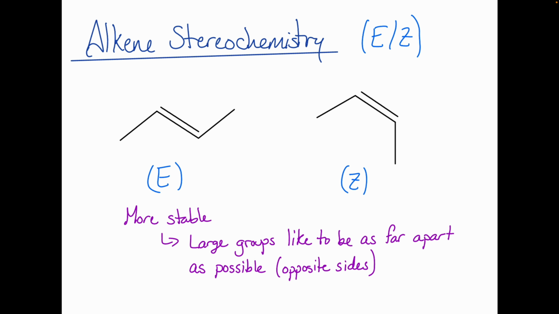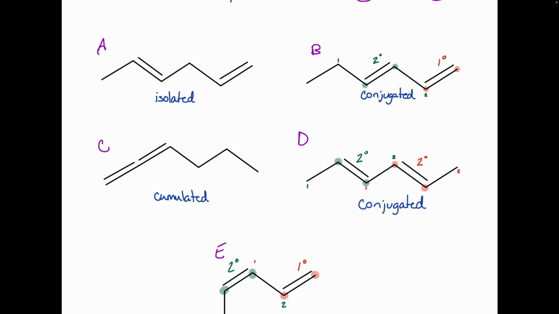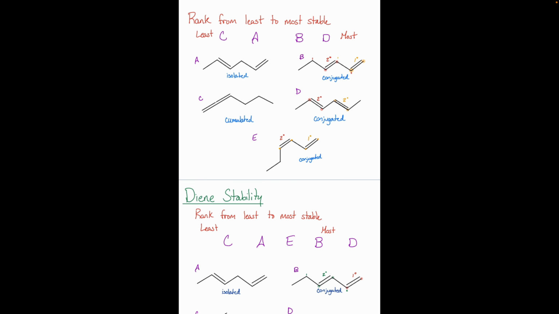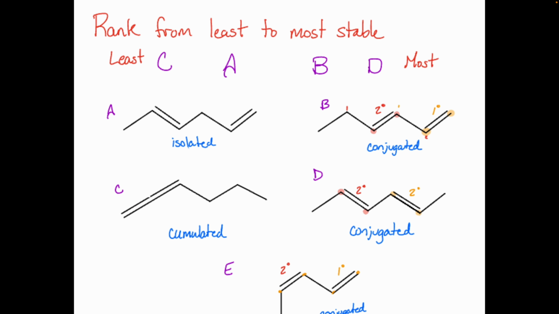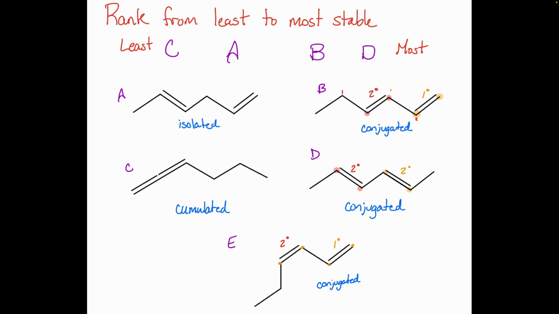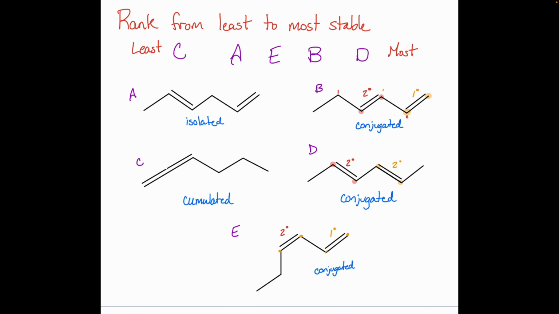So the last thing here, all else being equal, we're going to have to look at stereochemistry. Which one would be considered more stable, B or E? B is more stable, so E is going to sit in the middle here of our ranking.